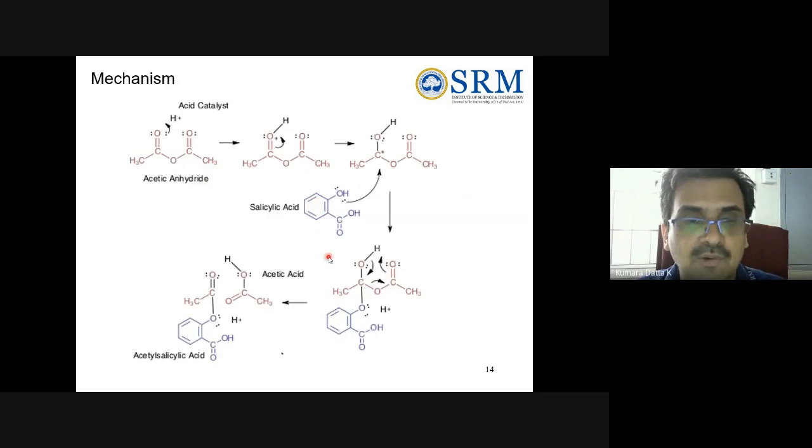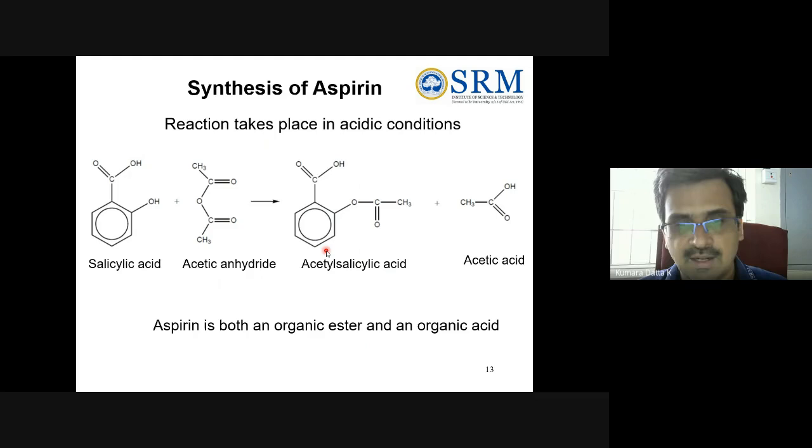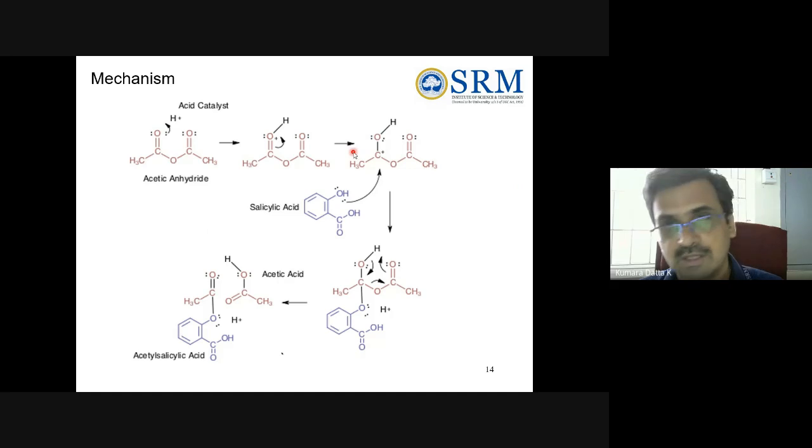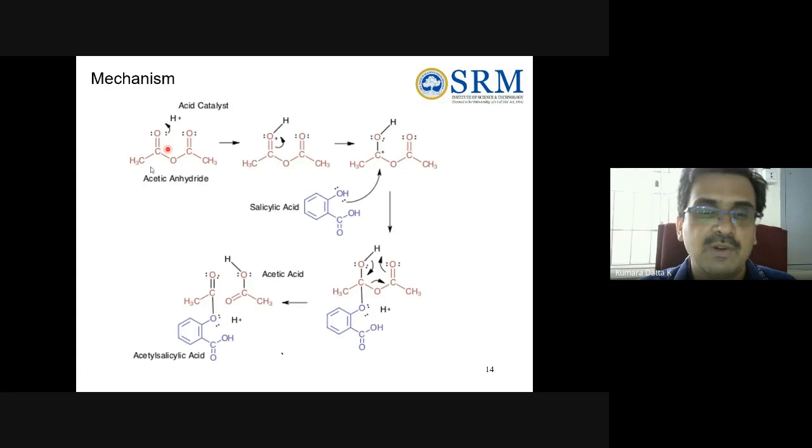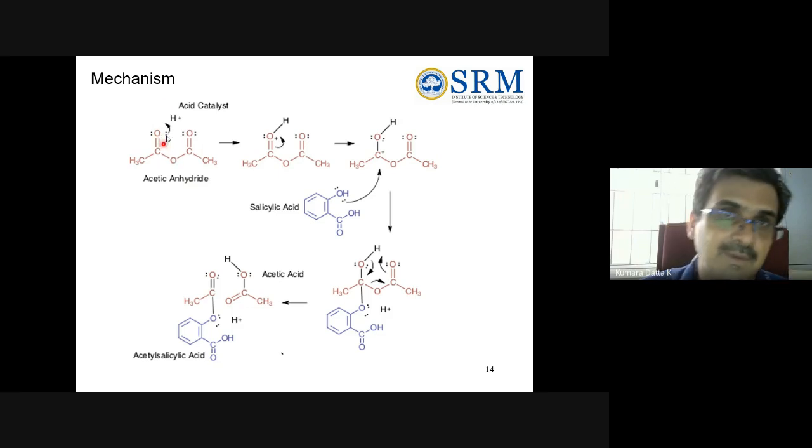Now, the mechanism: you don't have the mechanism for your exam. If you write this reaction, it is okay. I'm just giving it for the students, so you should also be aware of how the reaction progresses. You have acetic anhydride, and the electronegativity of oxygen brings the double bond towards itself.